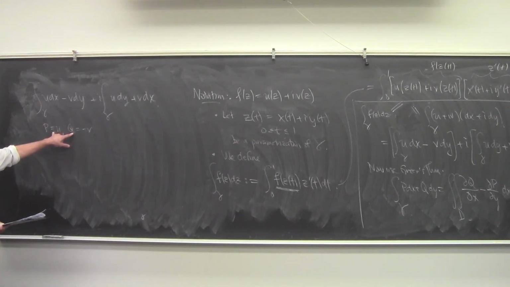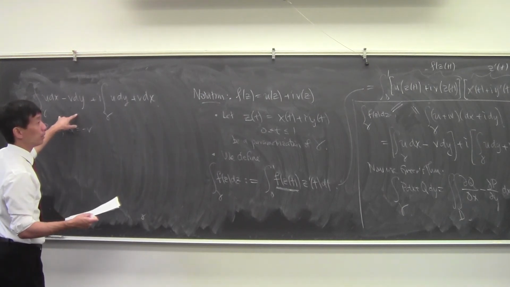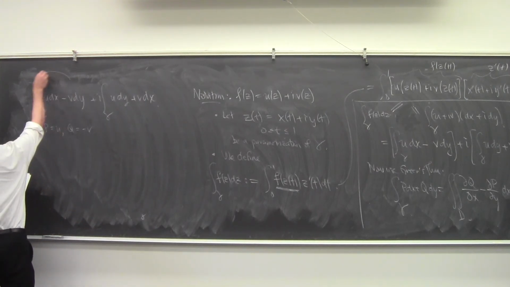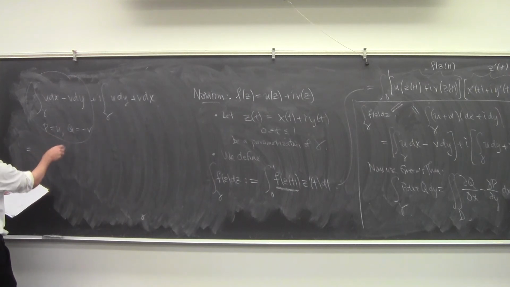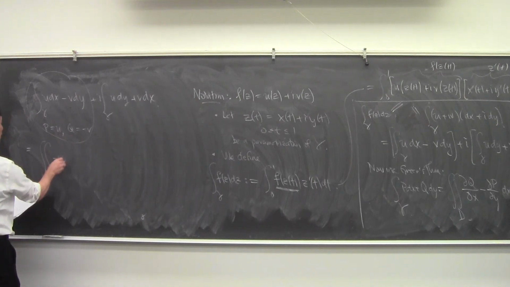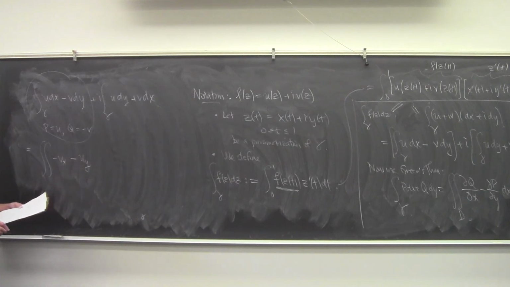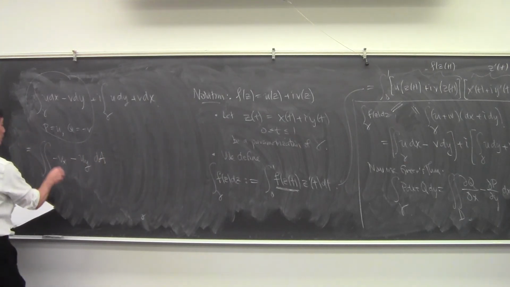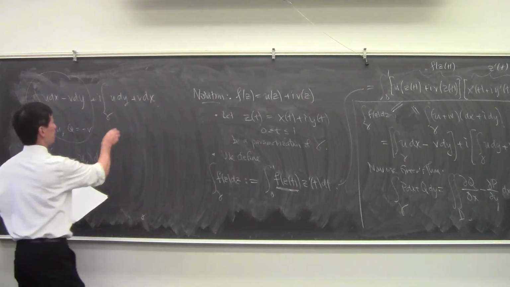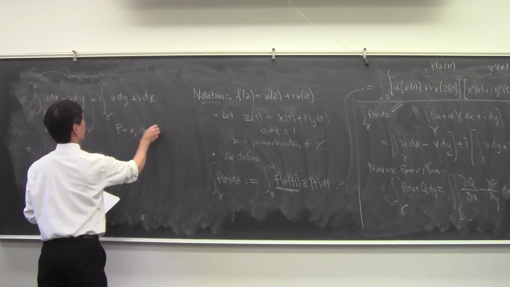And so for this first part, we use Green's theorem and we get the double integral of negative dv/dx minus du/dy dA over the interior. And then we use Green's theorem here, where P is v and Q is u.